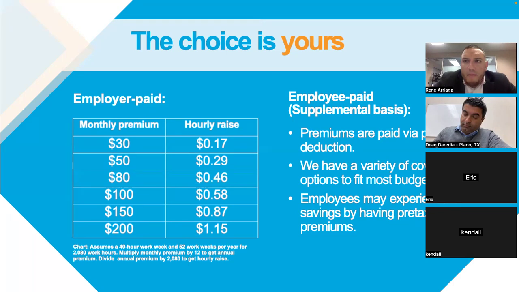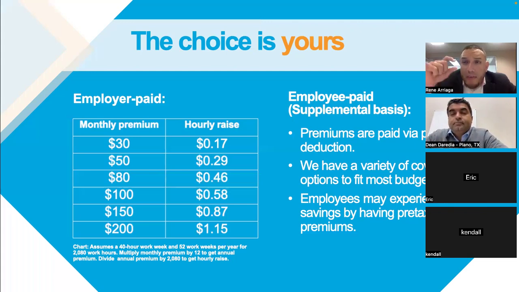And so a lot of times employers, right? Employees want a raise, right? Of course, they want to get paid more. And as an employer, for most, hopefully, they would like to give their employee a raise, but oftentimes that's not feasible. And so look what this does right here. If Mr. Employer, you were to pay $30 a month towards each employee, that would equate to a 17 cents raise, right?